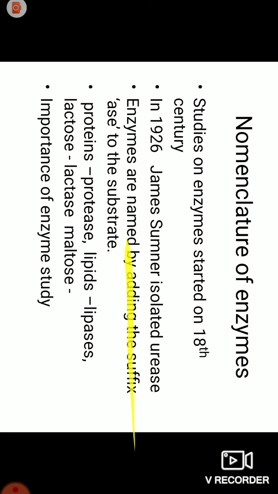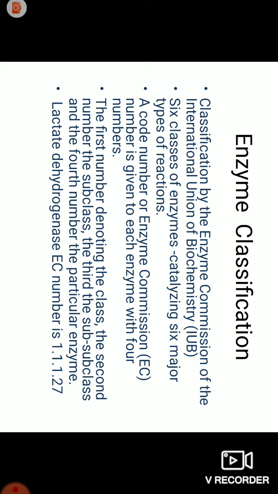Next we see how enzymes are classified on a scientific basis. Due to the confusions we have seen earlier, because more and more entities were coming into the group, there should be a scientific basis of classification of enzymes.